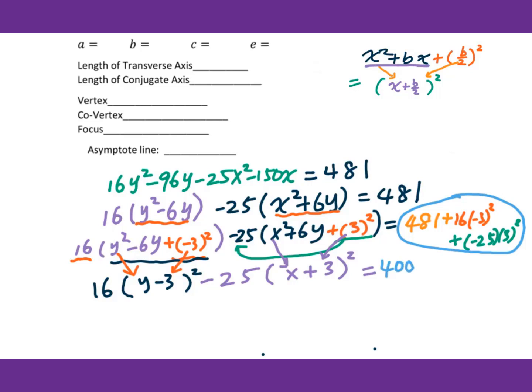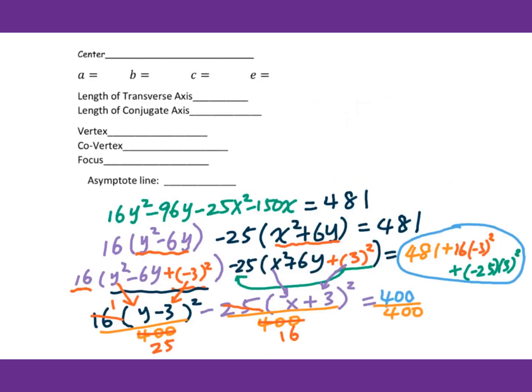Then we divide both sides by 400 and reduce here. Get the 25, reduce, you will get 16. Then we organize, we will get y minus 3 squared over 25 minus x plus 3 squared over 16 equals 1.